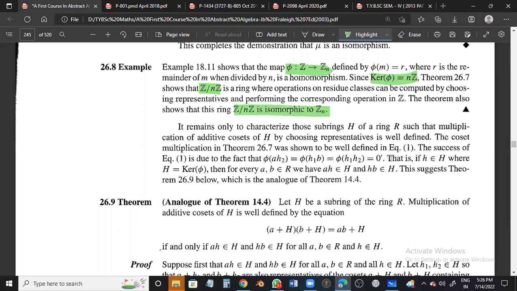How do you say they are isomorphic? You need to have some isomorphism. That isomorphism is nothing but the same one we just discussed, phi from Z by nZ to Zn.